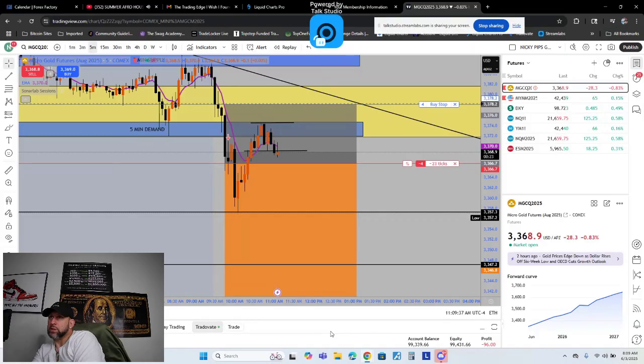So I like that rejection wick that it created. It means the sellers are trying to push the buyers away. We'll see how this 5-minute candle closes.